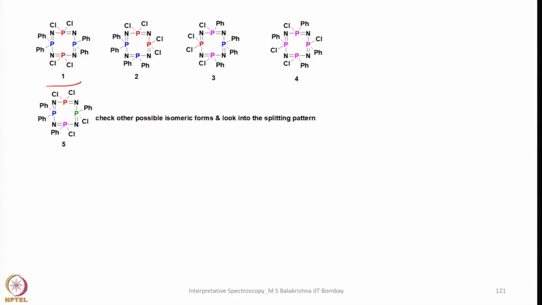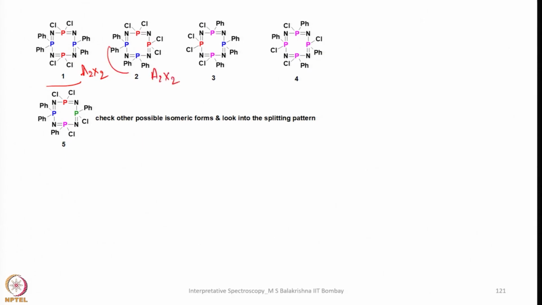Basically we have an A2X2 type system. Again, we have identical ones, and we can have an axis of rotation. It looks identical from one portion here. So, these two and these two, again it is an A2X2 type system.